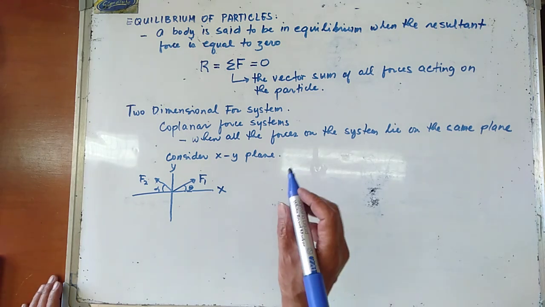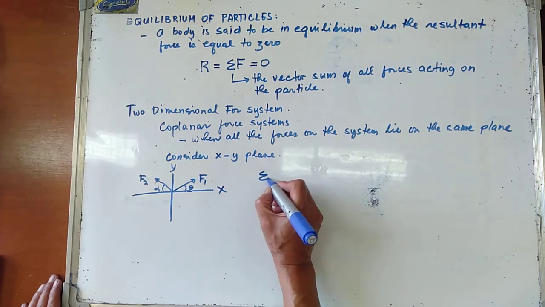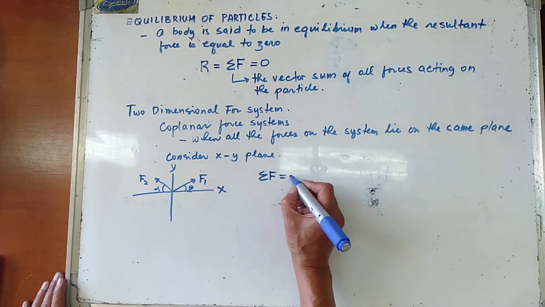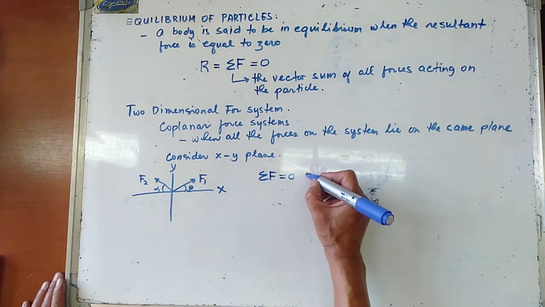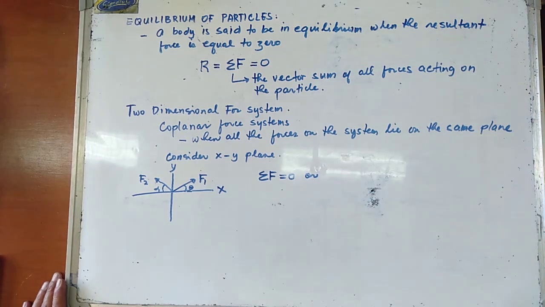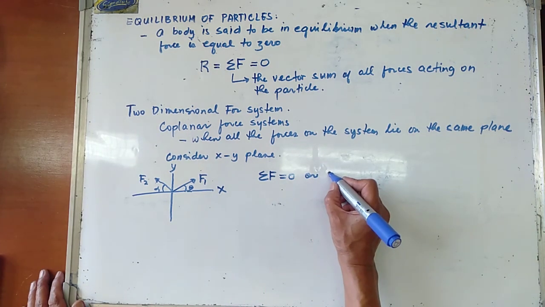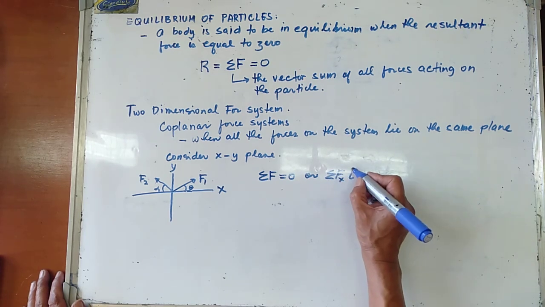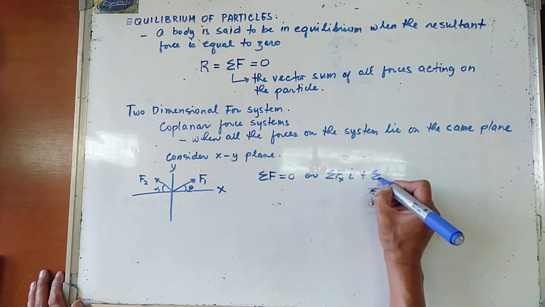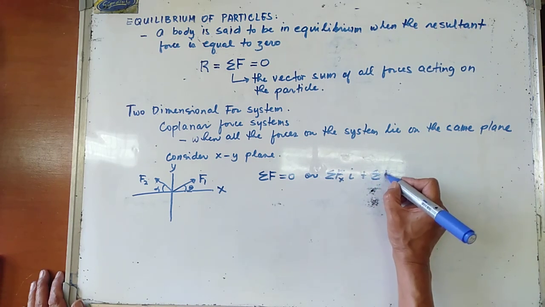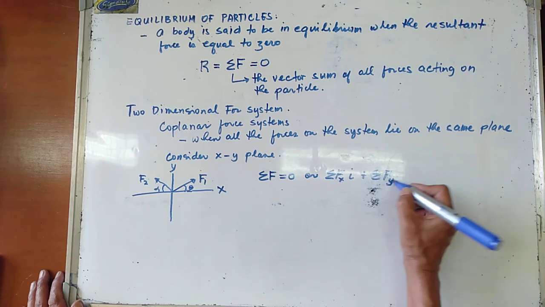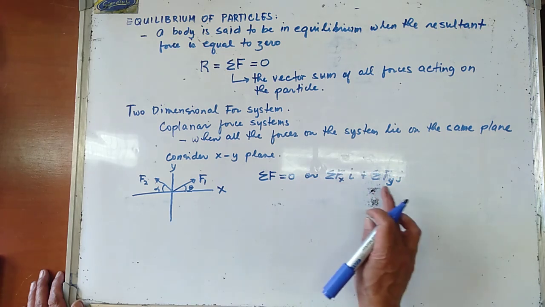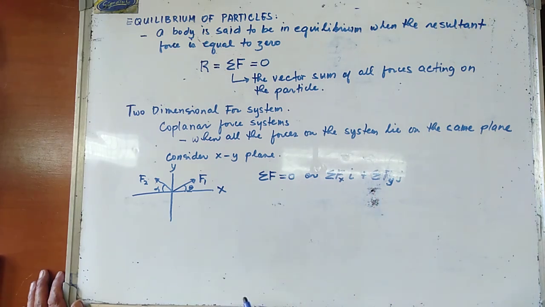Now, summation of forces is equal to 0. Or, in Cartesian vector form, this is summation of Fx i plus summation of Fy j. You try to take note in here that Fx and Fy are scalar values.